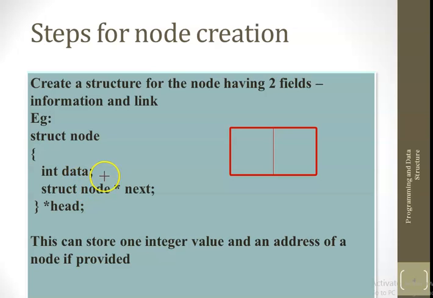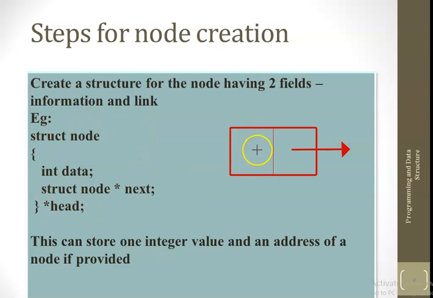According to this, we are having 2 fields. One is the data part, and the other is the link part or next part. So next part should point to another node. So this will be the pictorial representation of a node which is being declared using this structure definition.